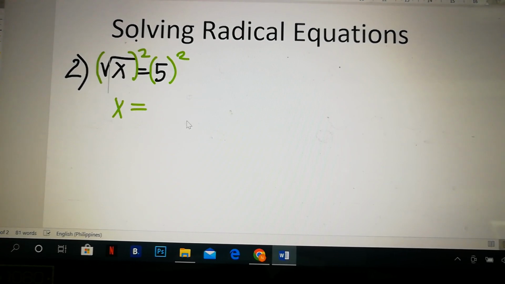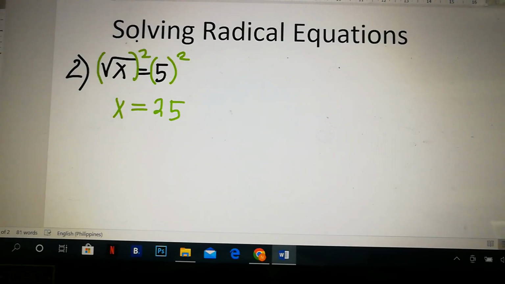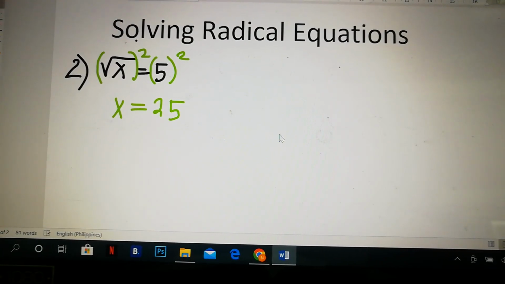Just square the radical. Next, 5 squared is equal to 25. So therefore, x is equal to 25. You can check whether your answer is right or wrong by replacing x in the original radical equation by 25.